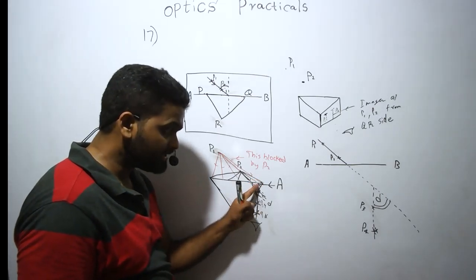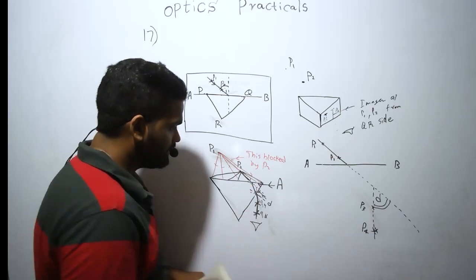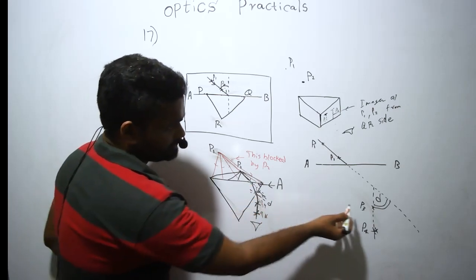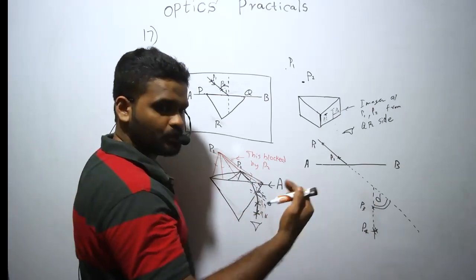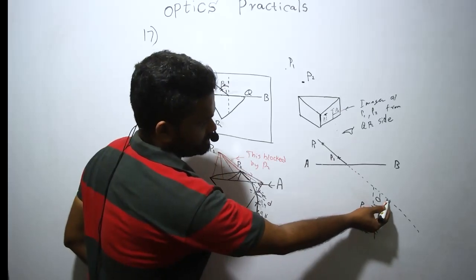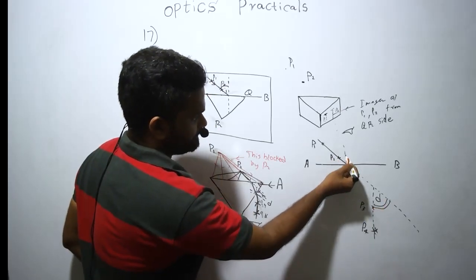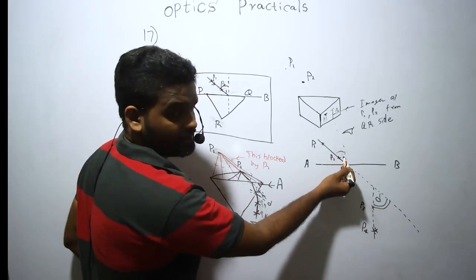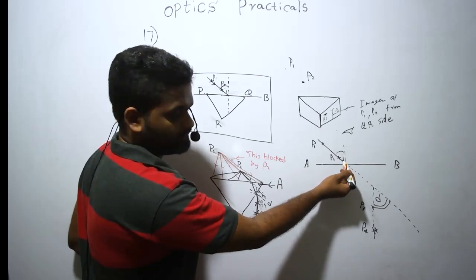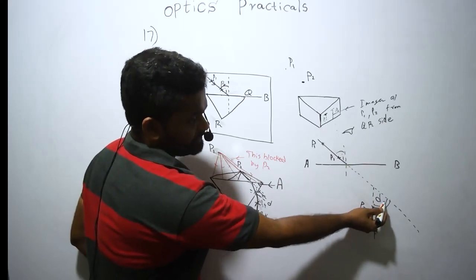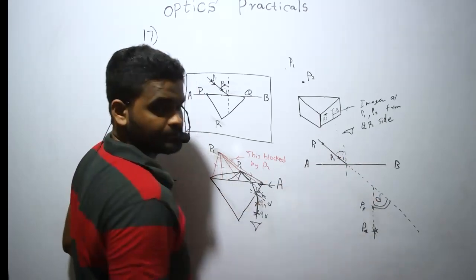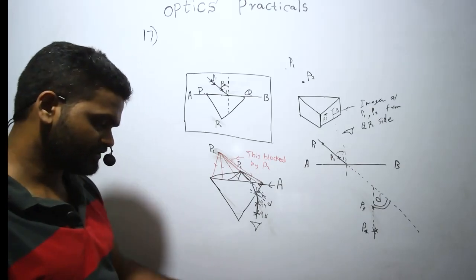So the prism angle is here, and this is the angle of deviation. Using a protractor, you can measure the angle of deviation. You already know the angle of incidence. Then using a protractor, you can simply measure small d. So that's what you do.